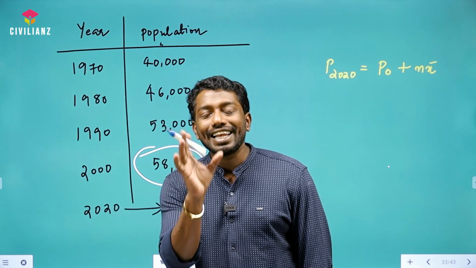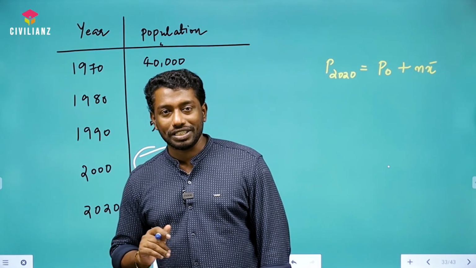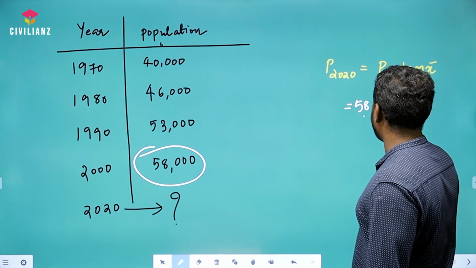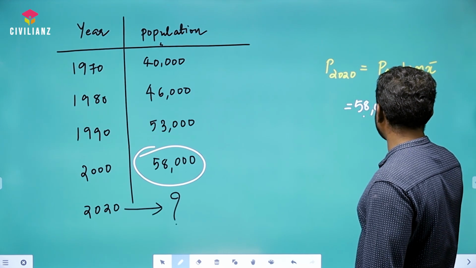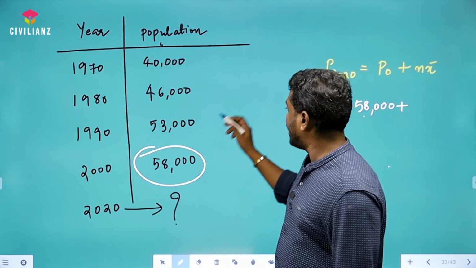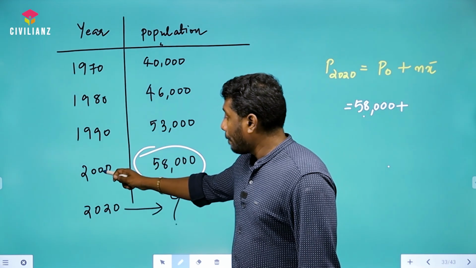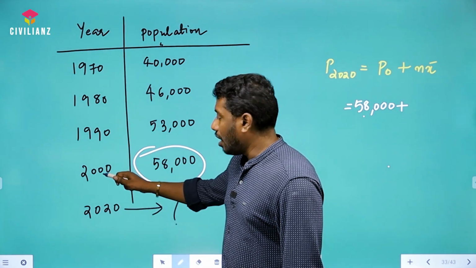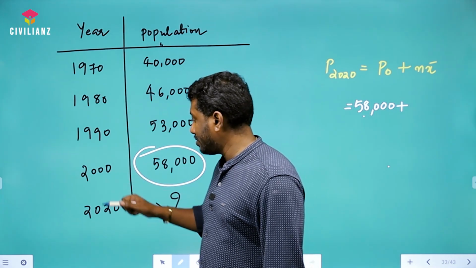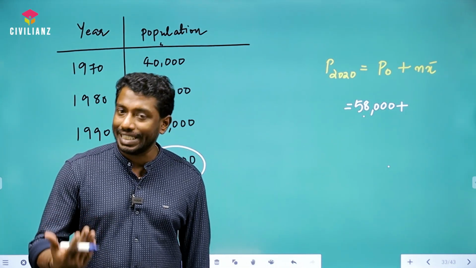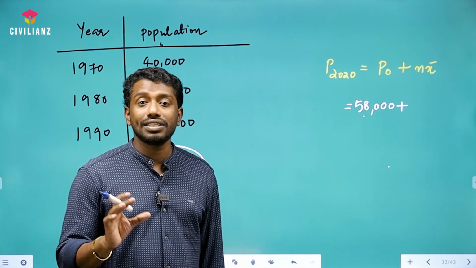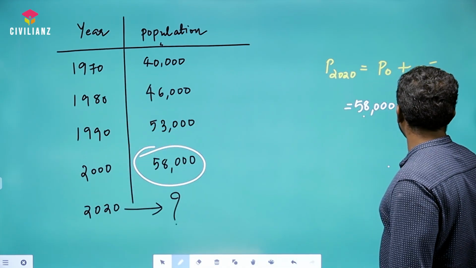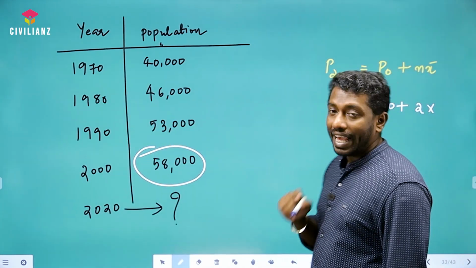So it's so simple: 58,000 plus N. What is N? N is the number of decades between P0 and Pn. How many decades are between 2000 and 2020? There is a 20 years difference, which means 2 decades. So N is 2.